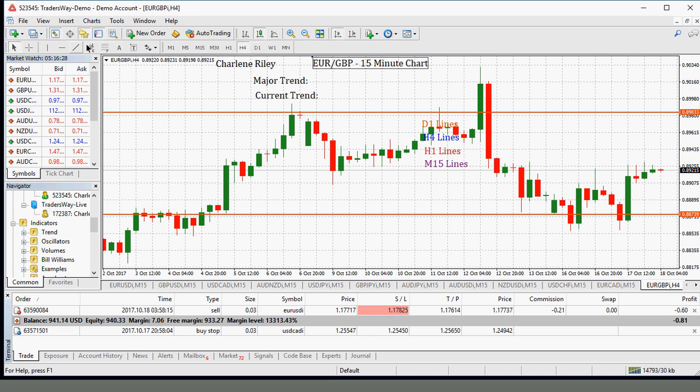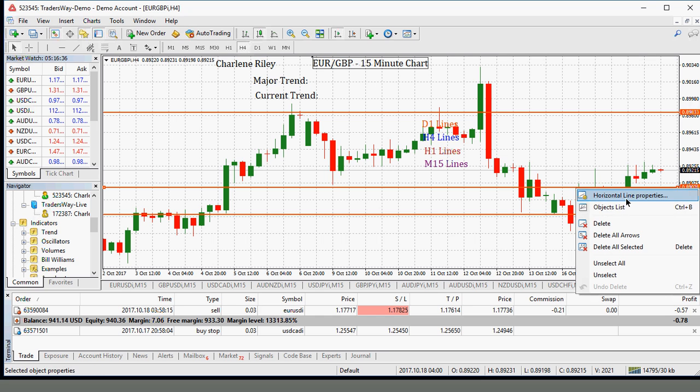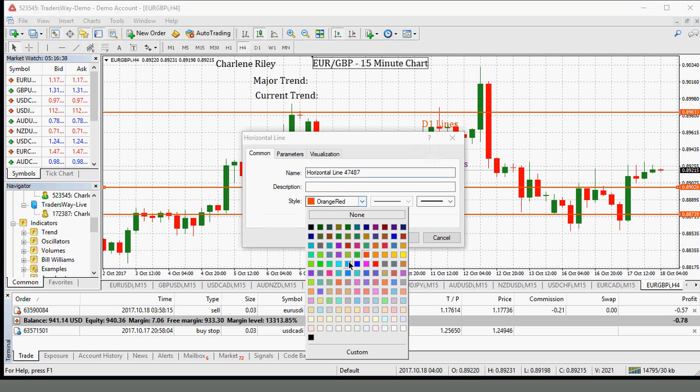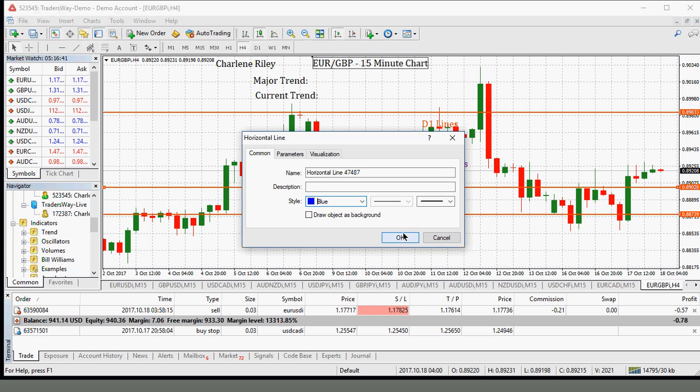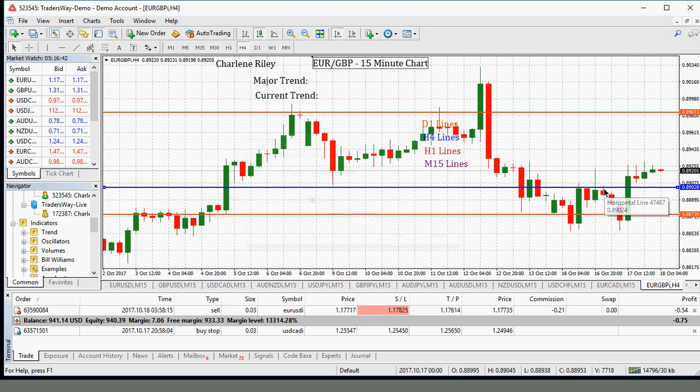Like for instance here, let's change the color. Okay, so you see, as this candlestick is going up, it hit here but didn't do a consistent breakthrough.